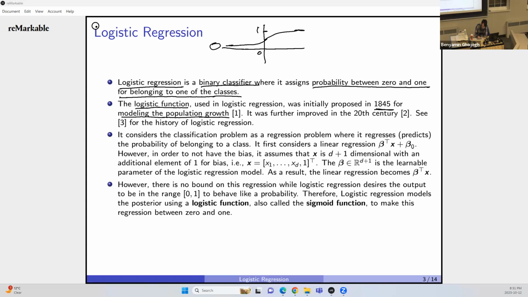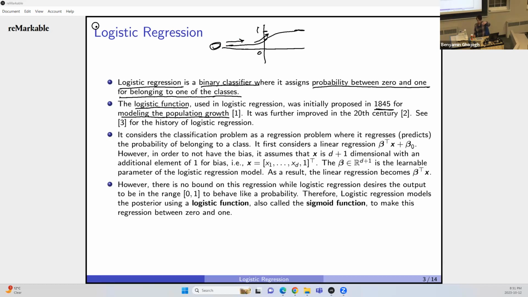Why? Because initially the population is small. Then people mate, so they will have children, and the population starts to grow exponentially, right? But after a while, we have too many people, and we will have lack of food and also lack of hygiene.